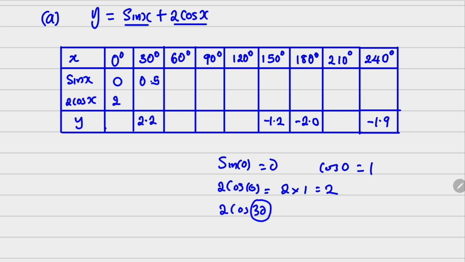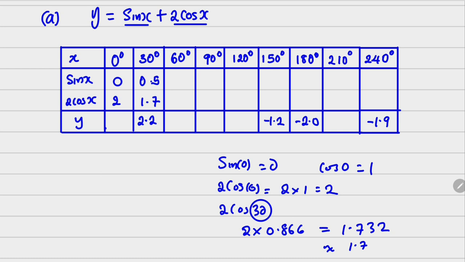Now cos 30, once you do it, is 0.866. So it's going to be 2 times 0.866, and this will give you 1.732. So approximately we'll say it is 1.7. So this is going to be 1.7.